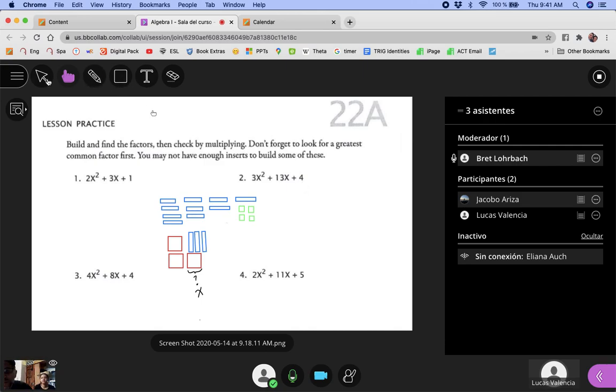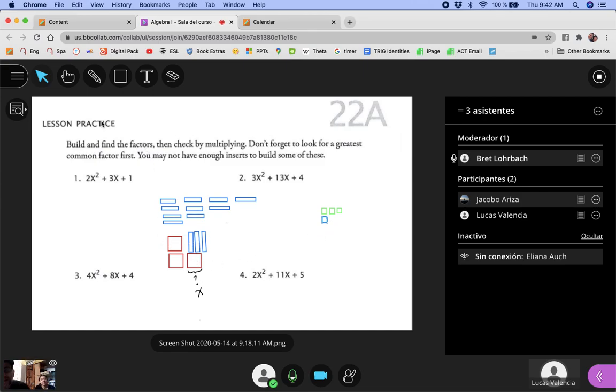Remember, when we took the 4, we had only 2 options. We could do 2 rows of 2 to make a perfect square, or we could do 1 row of 4. We could not do 1 row of 3 and then another row of 1, right?